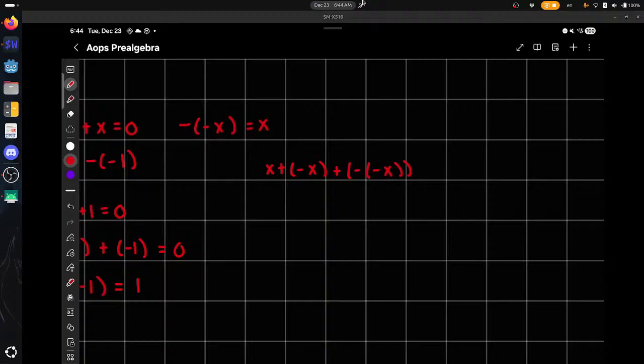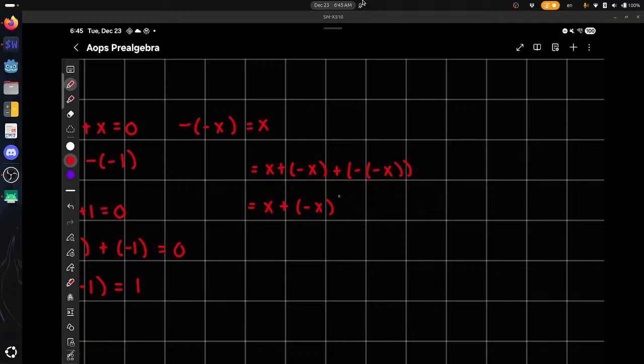So I know that if we take x plus this portion of the expression, actually no, we don't need to do that.